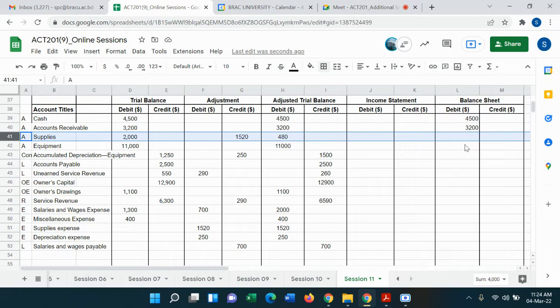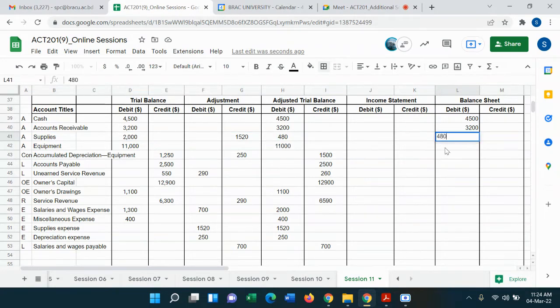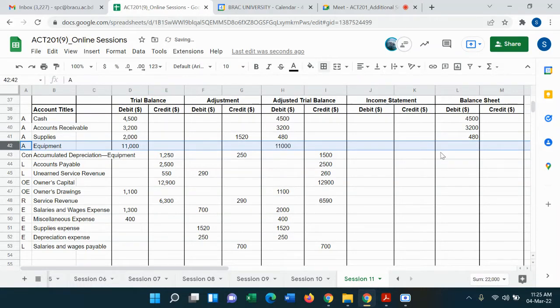How much? 480. We looked at only the adjusted trial balance information. Supplies expense has been created here, so it will be mentioned separately. Equipment, 11,000, assets.